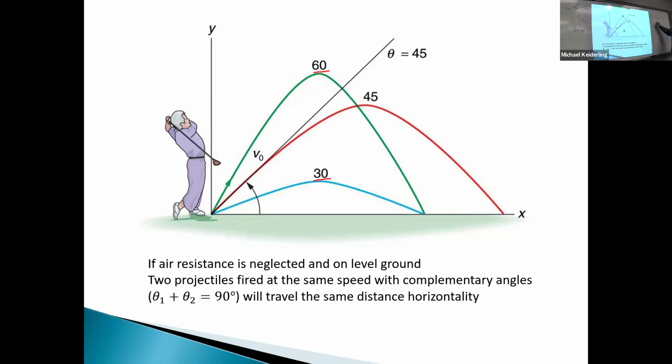So if V1 equals V2, and theta 1 plus theta 2 equals 90 degrees, range 1 will equal range 2.